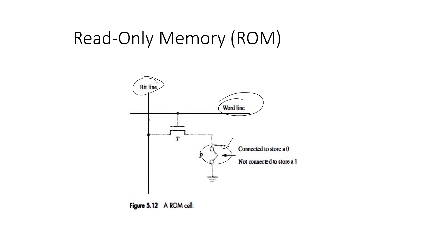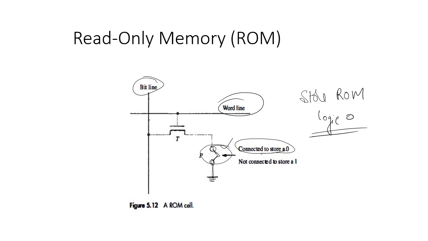If this fuse is connected, it means that the data stored is 0. If you want to store 0 in ROM, then you need to keep the fuse connected. These two terminals at the position P have to be kept undisturbed. Then it indicates that the charge stored in that particular cell is logic 0.